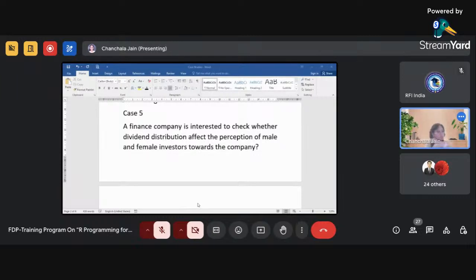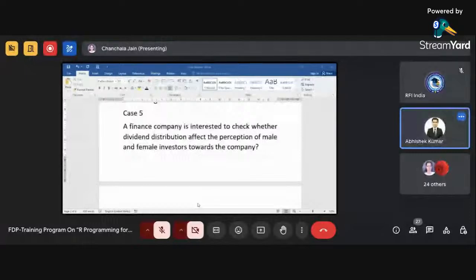Ma'am, I think over here we can use two-way ANOVA because male and female perception are two independent categorical variables, and dividend distribution is the dependent continuous variable. Okay.